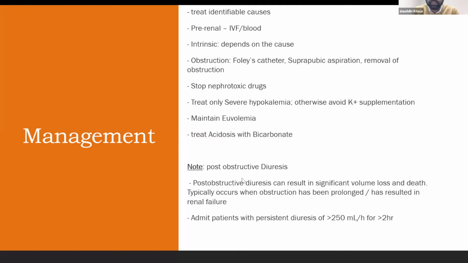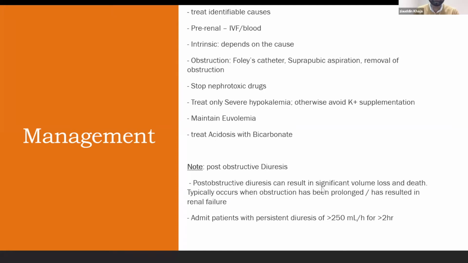And the one thing I've mentioned here is about post-obstructive diuresis. So many a time what happens is, if the patient is obstructed for a very long time and they've not had urine output, as soon as you put a catheter in, it just starts pouring, like lots and lots.